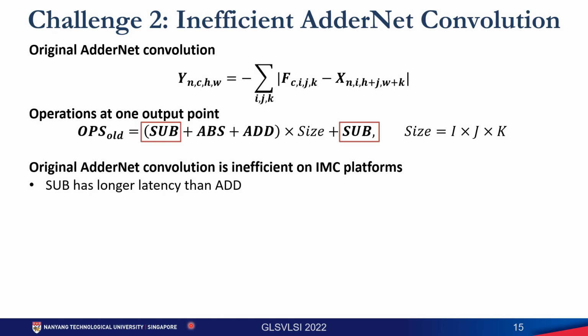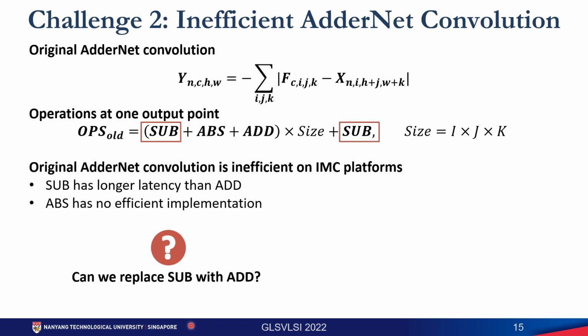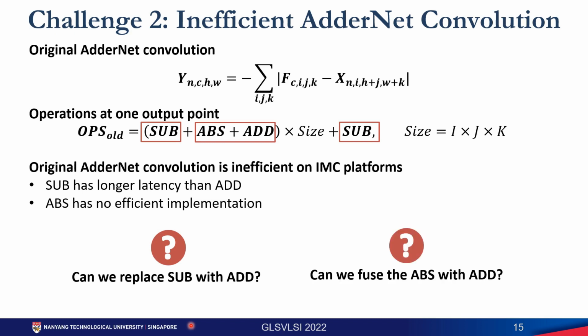So the first question is, can we replace these subtractions with additions? Also, the absolute function has no efficient implementation on the in-memory platform. The second question is, can we fuse the absolute function with the accumulation?